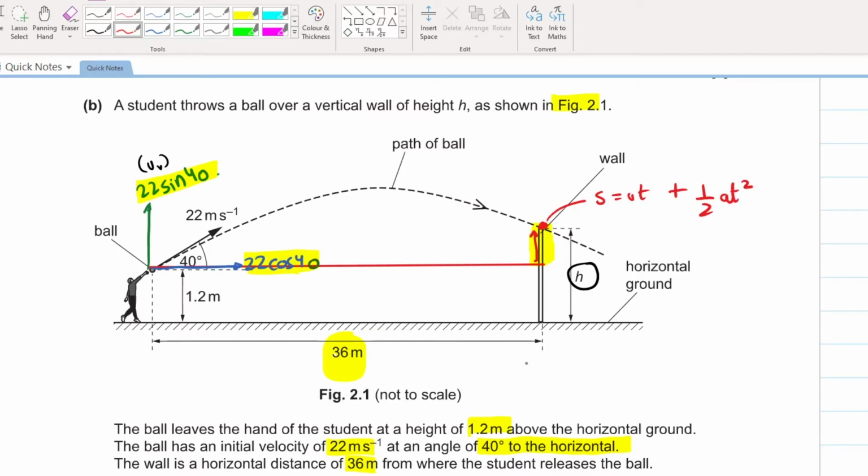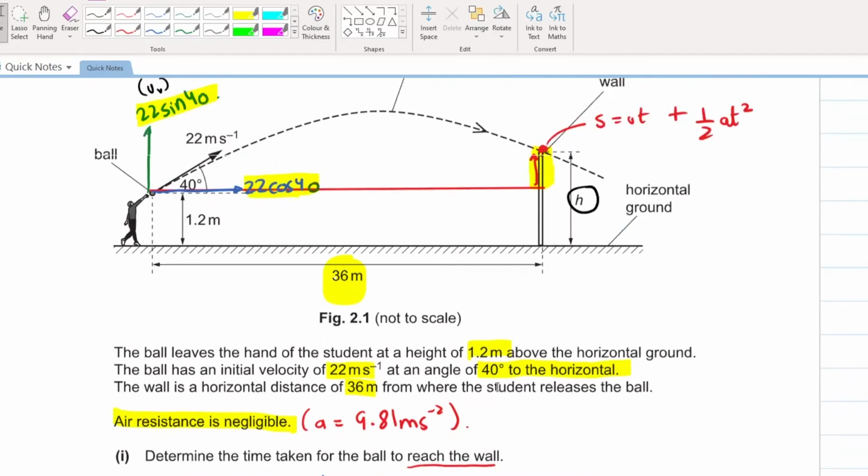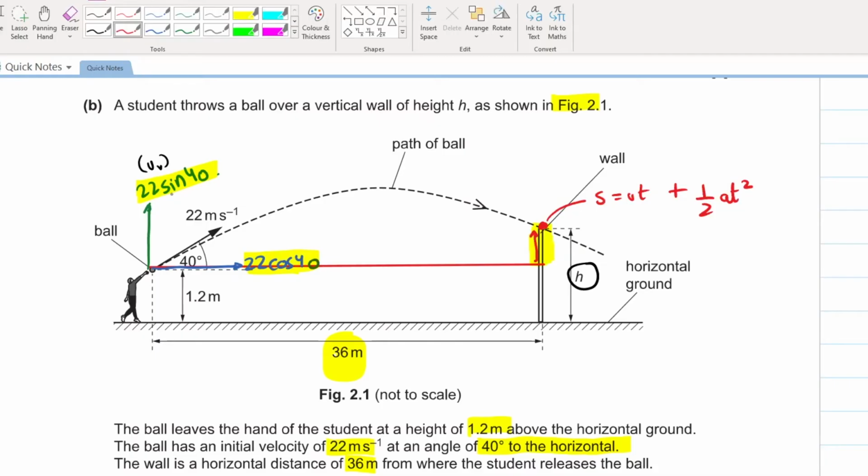Do you have the time? Yes, 2.1 seconds. Do you have the u? Yes, 22 sin 40. Do you have the acceleration? Yes, 9.81. So you can calculate this yellow highlighted distance.